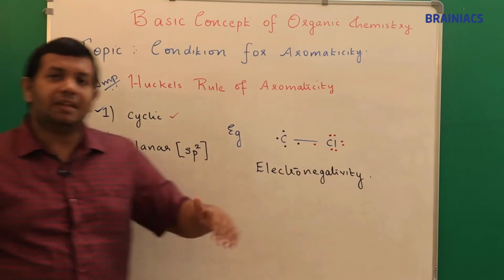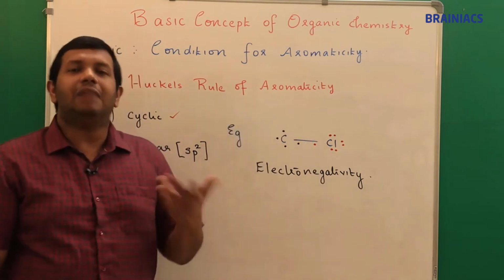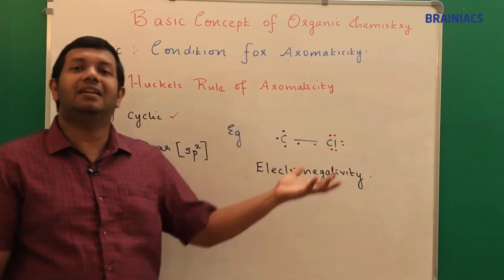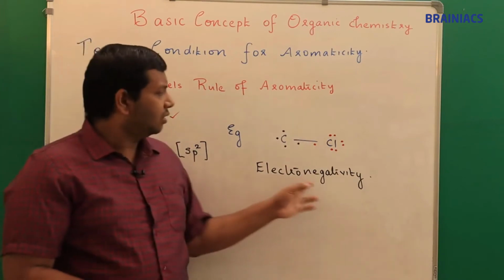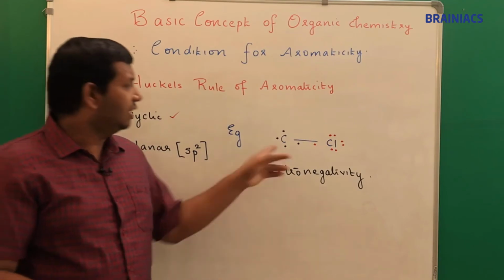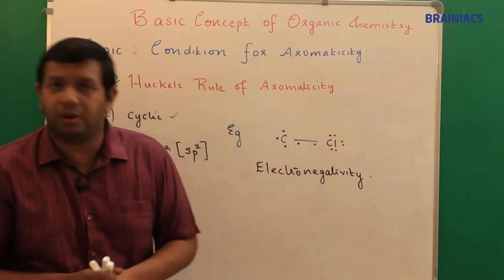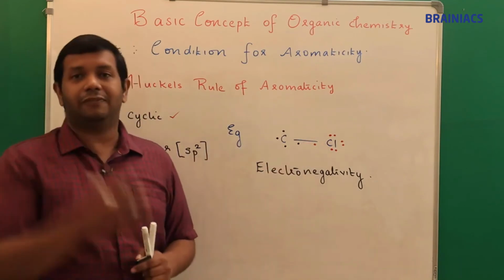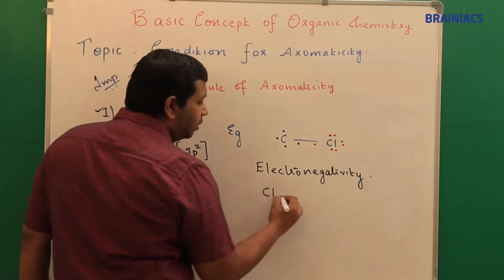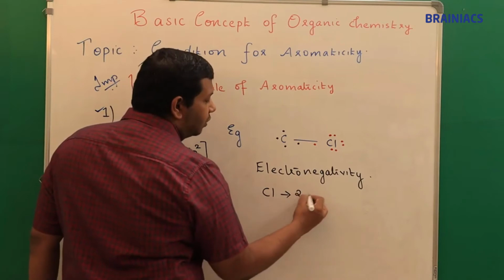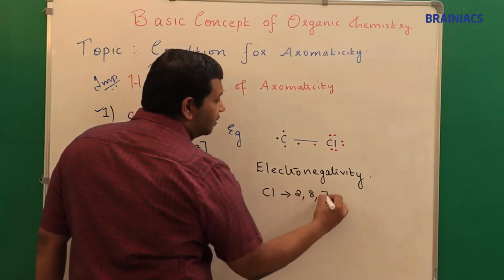So if somebody is electronegative, that means what actually? It has a tendency to attract electrons. And you can say that, sir, I understood the term electronegativity. In carbon and chlorine, who is more electronegative? How can we identify that? Very simple. Just check the configuration of chlorine. Chlorine has the electronic configuration 2, 8, 7.